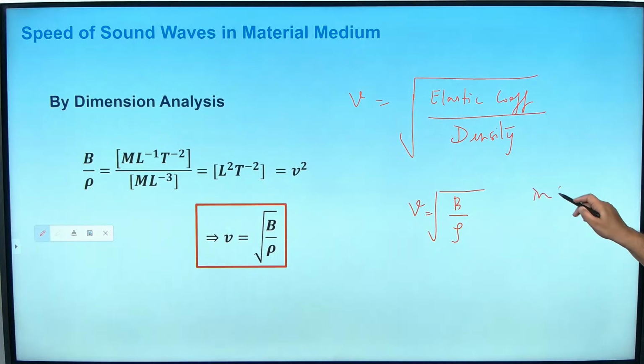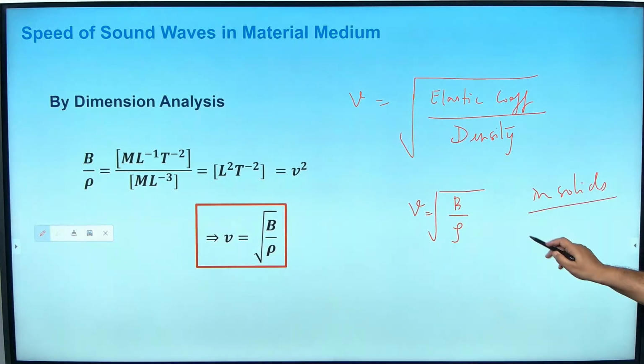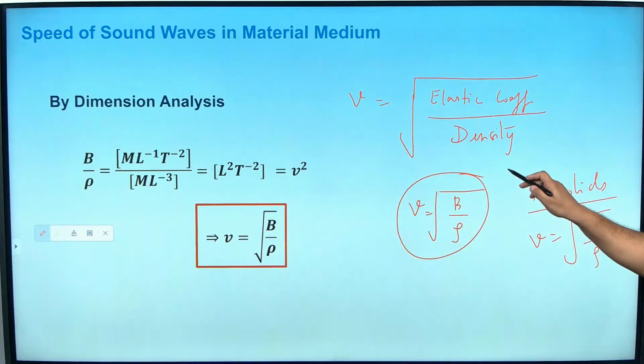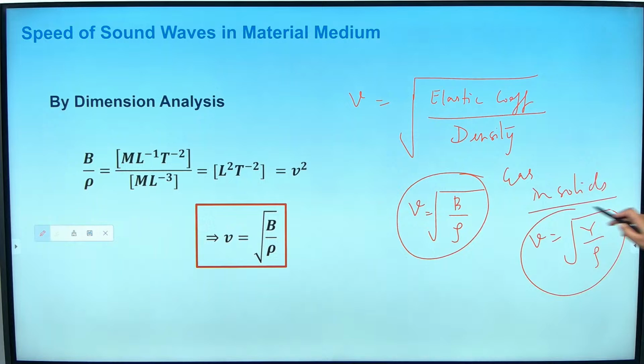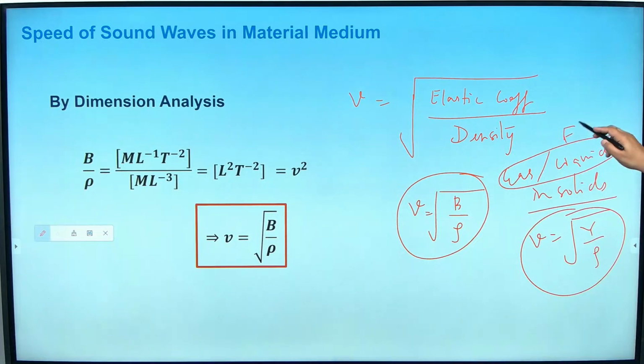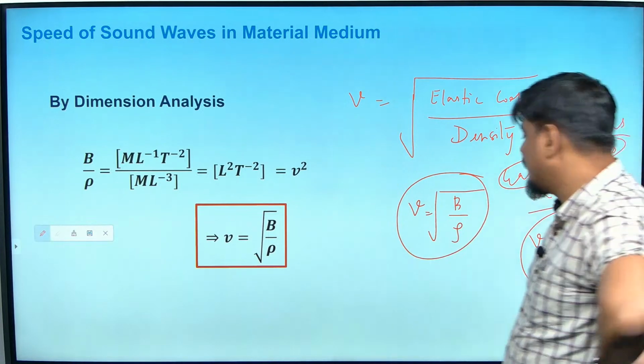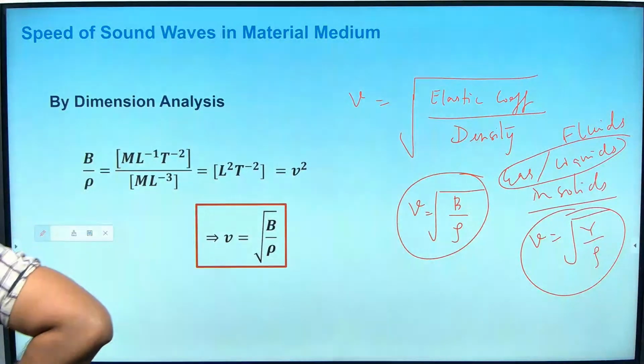In solids we also write velocity as root of Young's modulus by rho. Some books will write this also. Both are correct. Gas and liquids come under the category of fluids. So for fluids, the velocity of the longitudinal wave is given by root over bulk modulus by density, but for solids, velocity of longitudinal wave is given by root of Young's modulus by density.